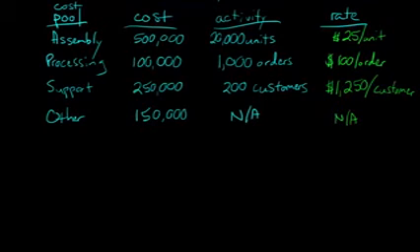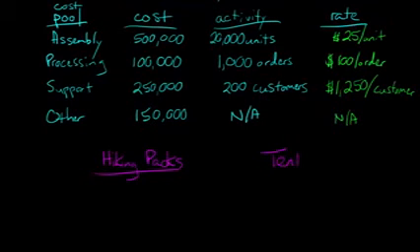So let's say we want to know the costs for the hiking packs division or product line, and then we've got the tents product line. Let's just assume we sell 10,000 units of hiking packs, and we're going to sell 10,000 tents.